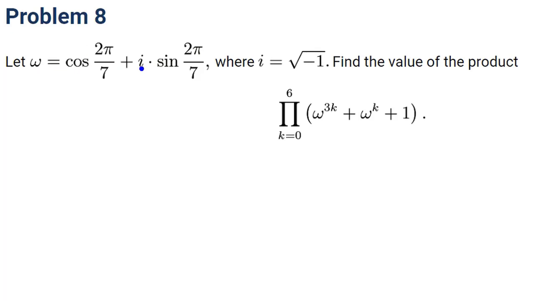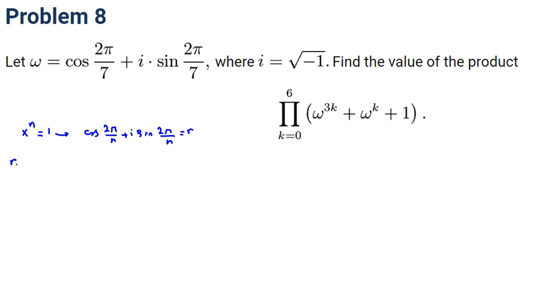At first, let's analyze a little. What is omega? If x to the n equals 1, then the roots are cos 2 pi over n plus i sine 2 pi over n. You can consider this as r.